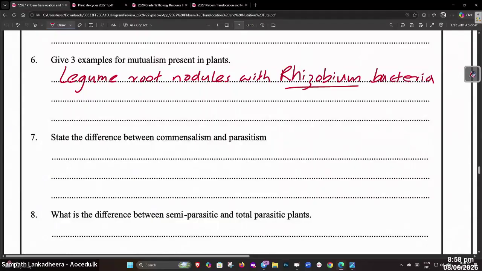What is the second one? Mycorrhizae with higher plant, that is, roots of higher plants with fungi.